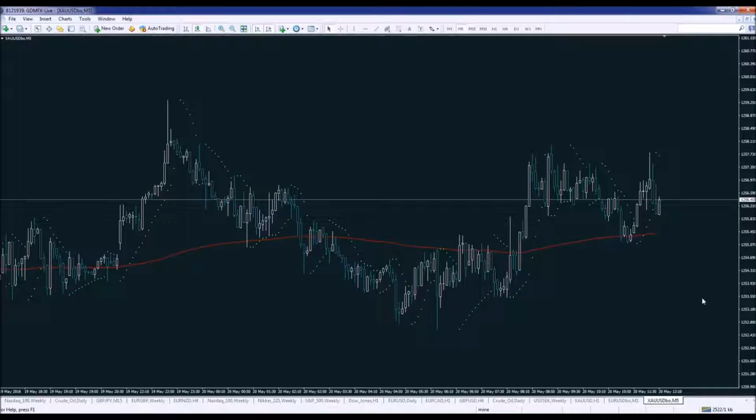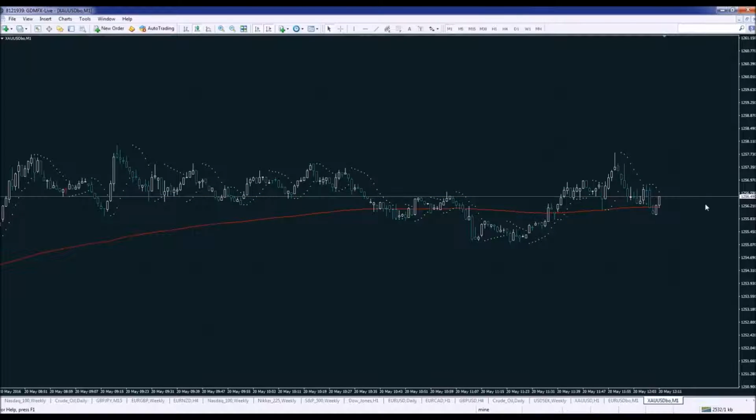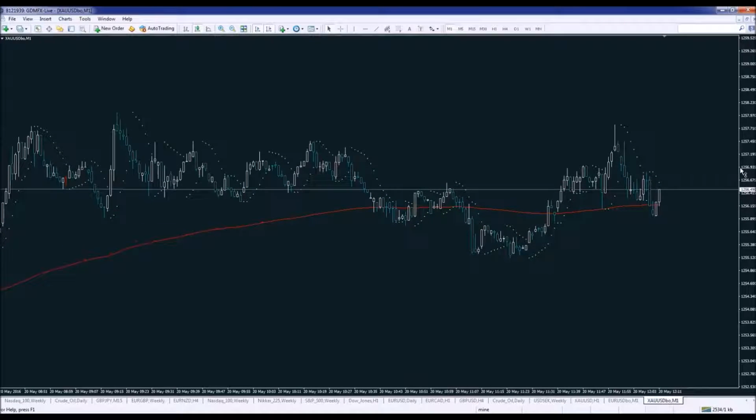So starting with the most simple ways would get you through to finding out exactly what you need. Speaking of which, with the Parabolic with these particular settings and binary options, I like to use the 1 minute chart with, of course, an expiry of at least 120 seconds, which is 2 minutes.